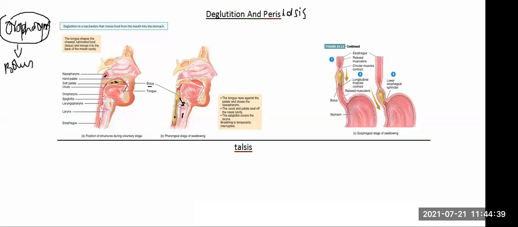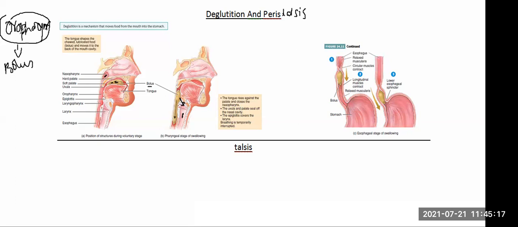Now in the oropharynx, the bolus will activate the receptors. When the receptors are activated, they will send impulses to the medulla oblongata of your brain and the lower pons of your brainstem. The returning impulses will cause your soft palate and your uvula to move upward.